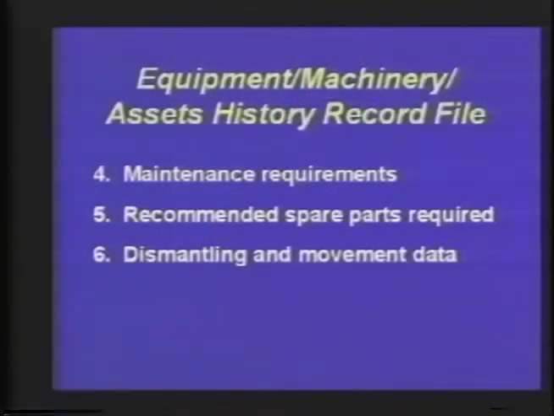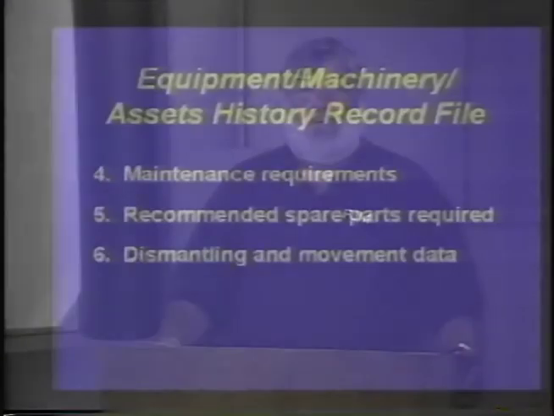The sixth step is the dismantling and subsequent movement data relative to a piece of equipment. Many of you are probably moving from the large individual manufacturing departments to cellular manufacturing. And when you start moving equipment around, you're going to need some data relative to item 6 in this particular exhibit.